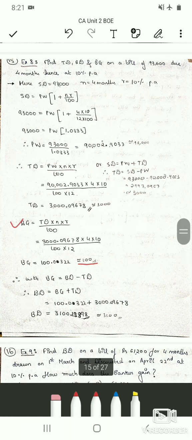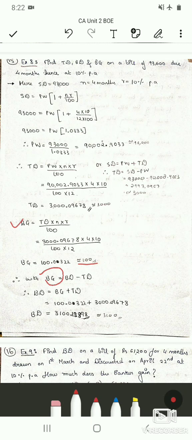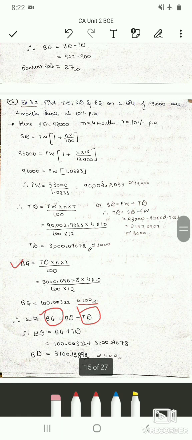Now we know banker's gain is banker's discount minus true discount. We have banker's gain, we have true discount. Therefore banker's discount is 3,100 rupees. So very simple problems. If you understand, then you can easily solve.